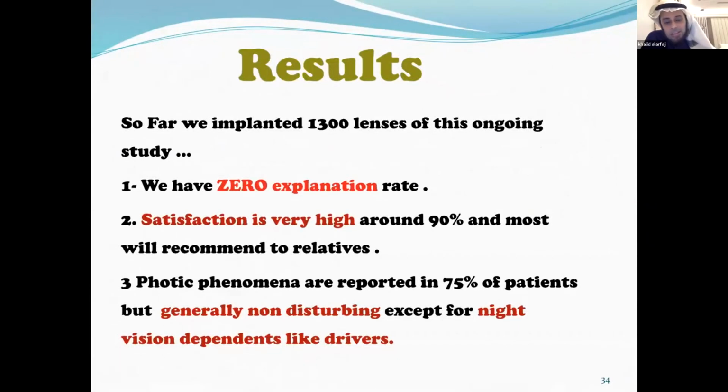I haven't yet done explantation. Satisfaction is very high, 90%, and most patients will recommend it to relatives. Photophenomena is really high, up to even 70%, but generally not disturbing, and night vision dependent patients, like drivers, might be very dissatisfied. Yes, we have some dissatisfied patients, but generally it is very promising results.